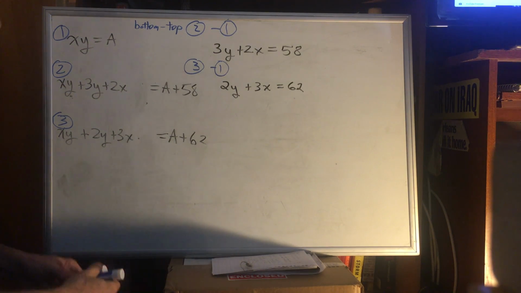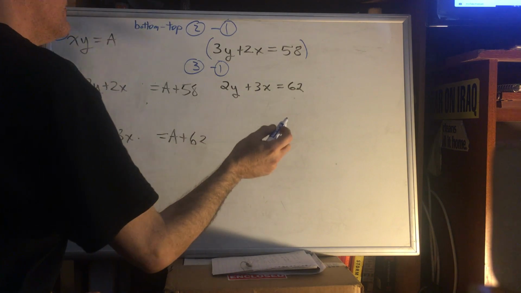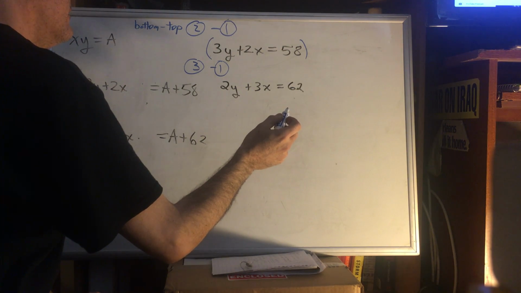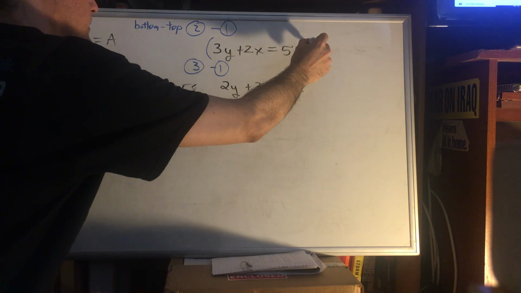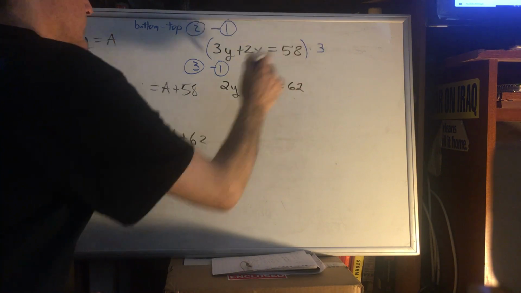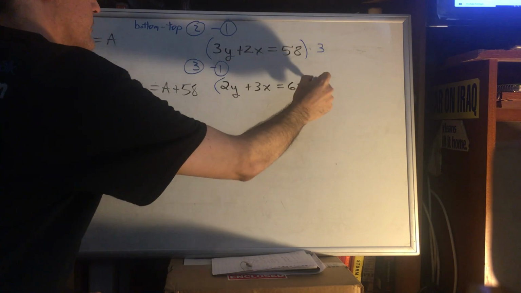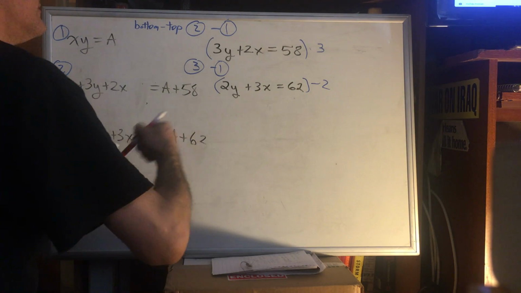Okay, now you guys can solve this system, and then what I would do is I'd multiply this one by 3 and this one by -2. And that way you'll be able to eliminate the x's.